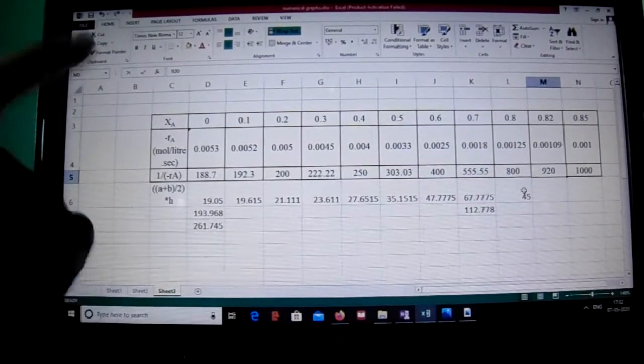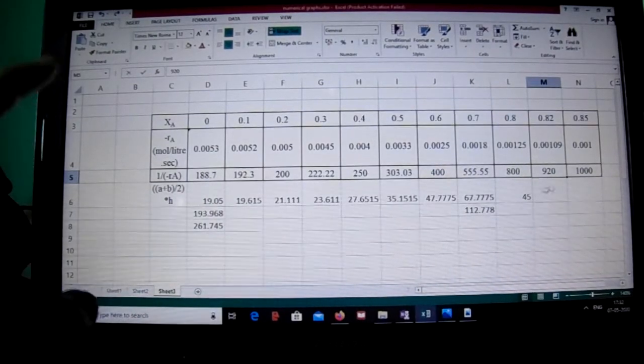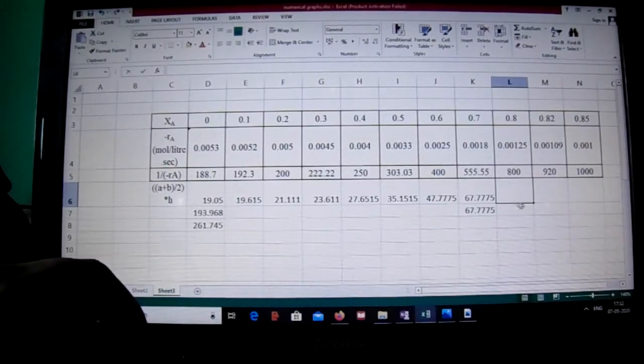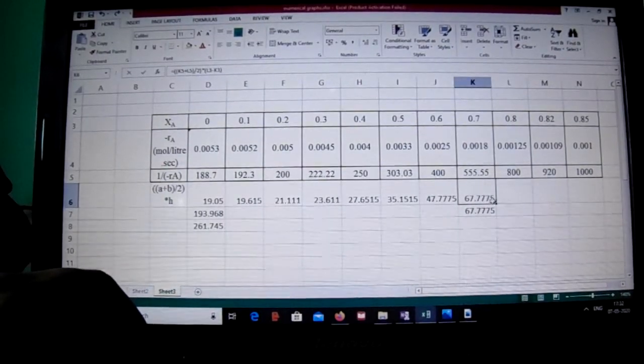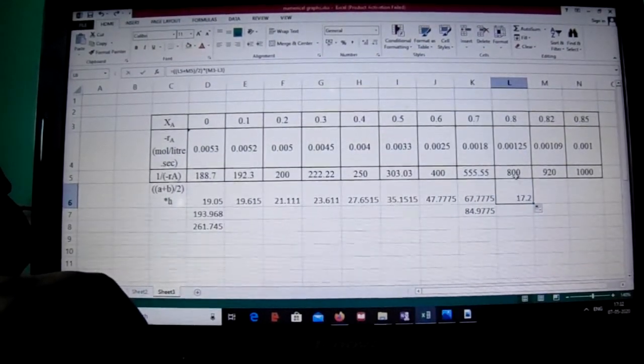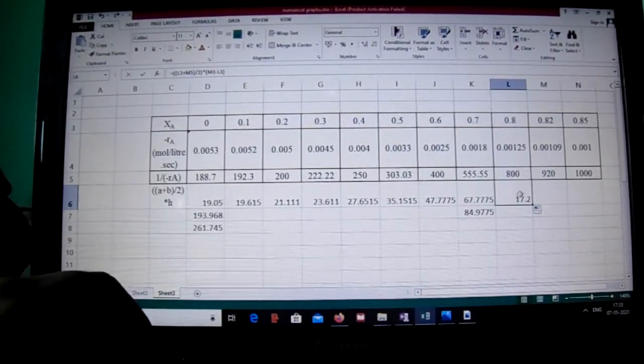Next, we have to calculate up to 0.82. Here we'll just modify this. Again, this time we'll have 800 plus 920. Just check this: 800 plus 920 divided by 2, into 0.82 minus 0.8.